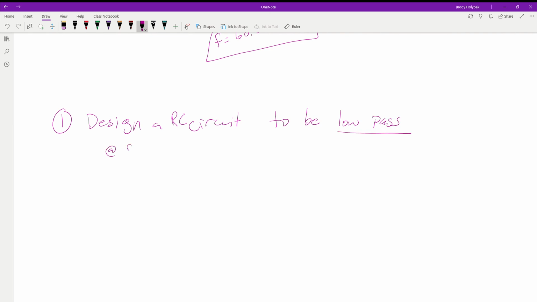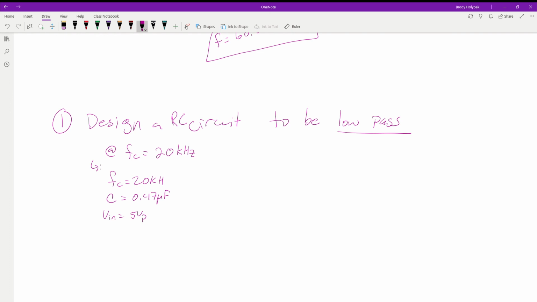I want my critical frequency to be 20 kilohertz, and using the following parameters. So my critical frequency is 20 kilohertz. This is the information we're given. The capacitor I want you to use is 0.47 microfarads, and the Vin is equal to 5 volts peak.